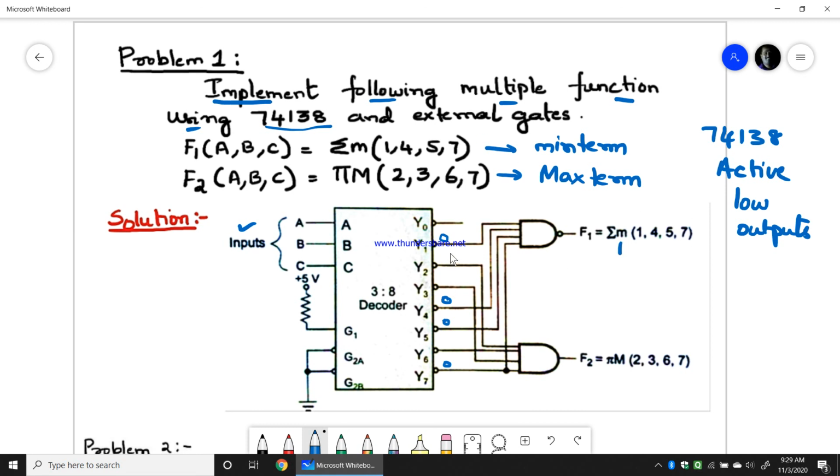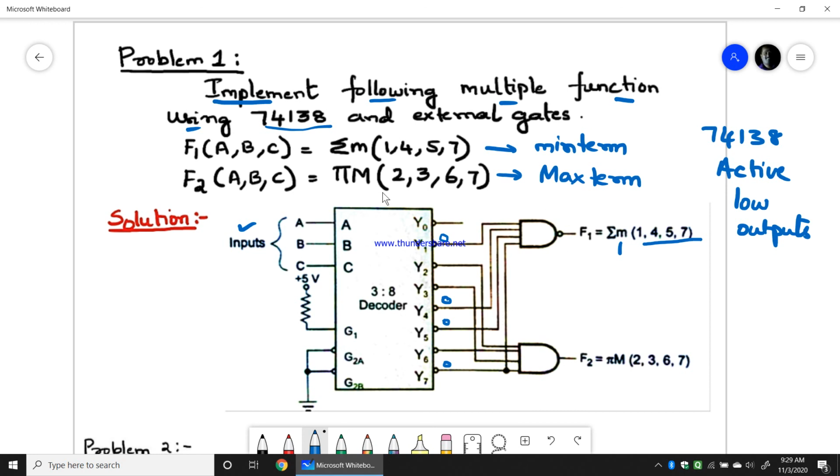So when I want these zeros to be 1 for the minterm, I will use a NAND gate, because in a NAND gate, if any one input is 0, the output is 1. Therefore I will take the output lines 1, 4, 5, 7, give them to a NAND gate as inputs, and take the output. That will be my minterm Boolean function realization using a 3:8 line decoder.